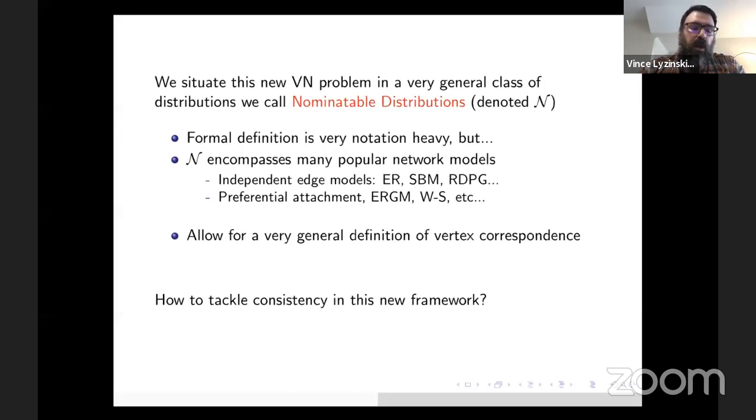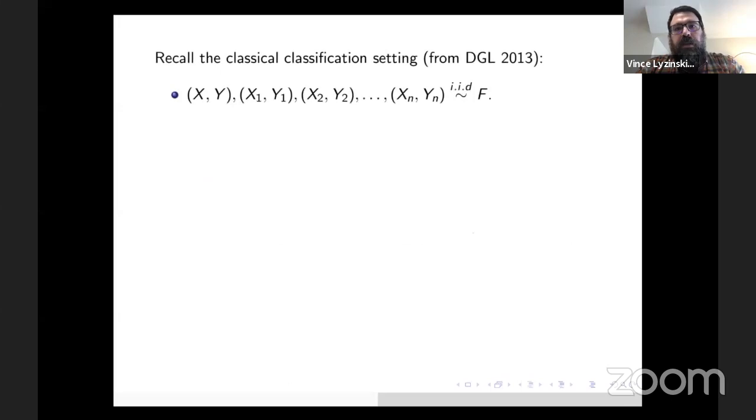Okay. And the first question we asked was, well, great, we generalized the problem, and now let's ask about consistency in this new setting. Our motivation for this was that we went back to the idea of consistency in the world of classification. This is just a step backward in time to the Devroye, Györfi, Lugosi book that I learned from, that has a really nice treatment of probabilistic classification.